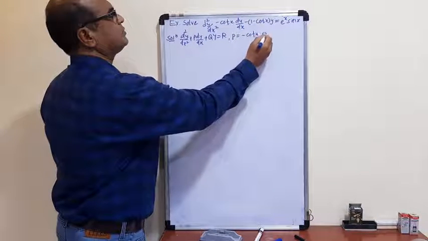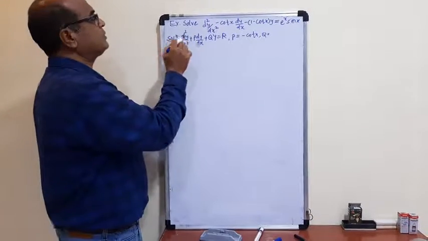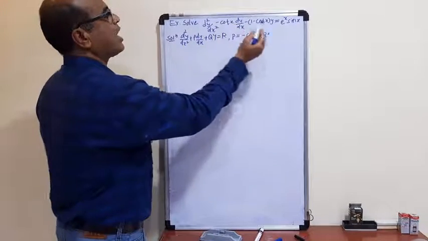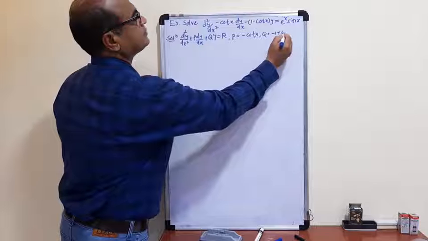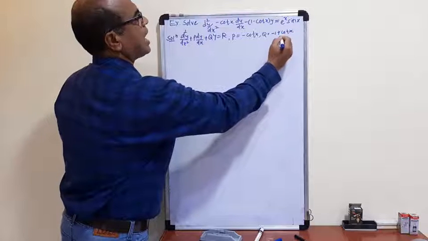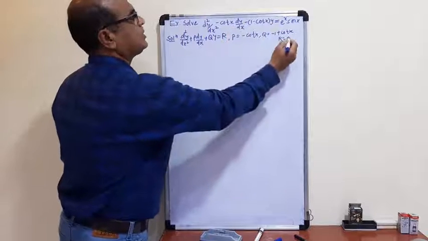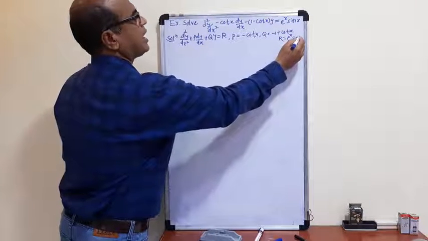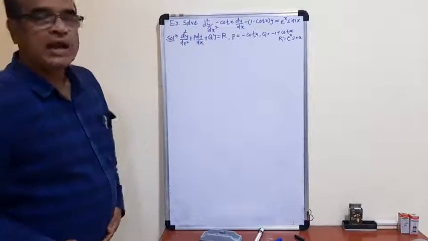What is q? q is equal to the coefficient of y, minus 1 plus cot x, and r is equal to e raised to x sin x. Okay, so we find here p, q and r.